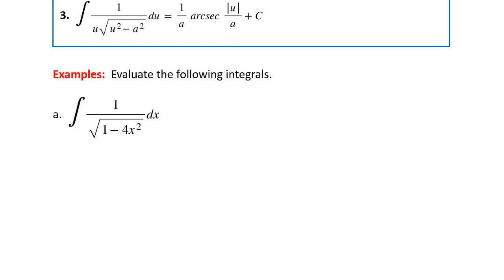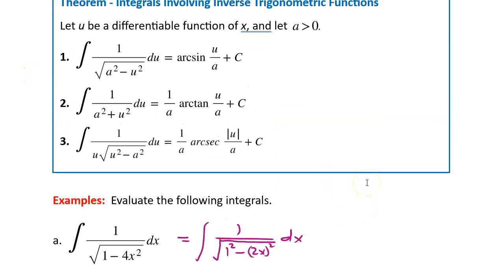For this first one, I want to rewrite this as the integral of 1 over root 1 squared minus (2x) squared dx. If you look up at the top, the thing that looks most closely like that is the very first one, root a squared minus u squared.